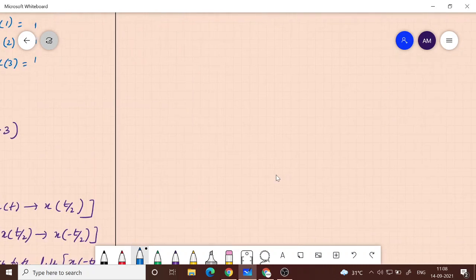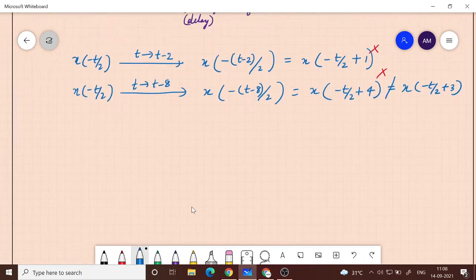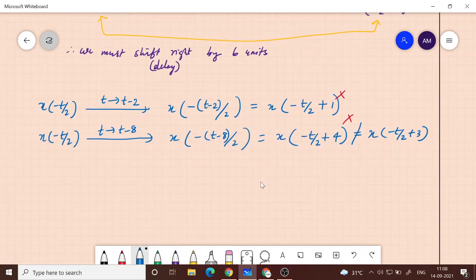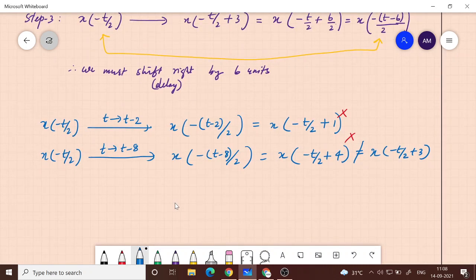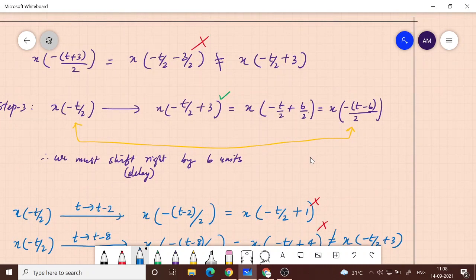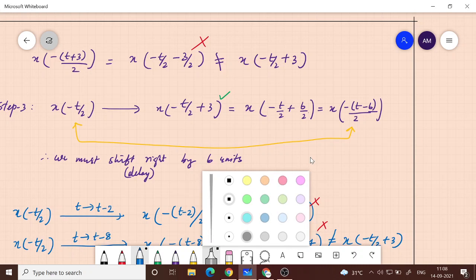It's not that you cannot do it, but you need to figure out the right amount of shift and which direction it is. The way to figure that out is what I have shown here. So you look at this region. Maybe it is not a good way of highlighting, so let me take another.